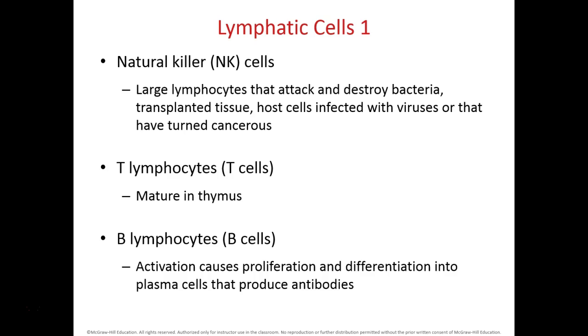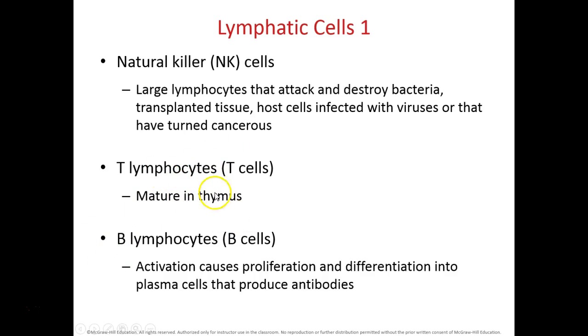Host cells infected with viruses, so if your cell gets infected with viruses, the natural killer cells will try and remove that. Cells that have turned cancerous, that are dividing out of control, will also be attacked by natural killer cells.